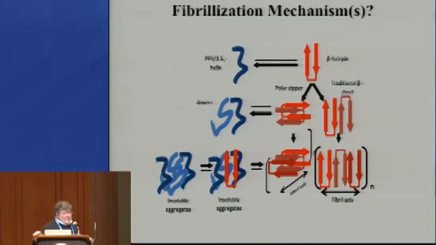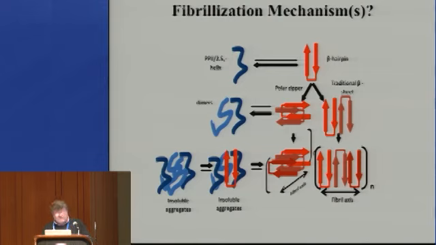Now, we're looking into one case, which is polyglutamine fibrillization. This is a disease that causes Huntington's. In the case of Huntington's, what you'll see is that there are two possible aggregate states that are stabilized between two types of hydrogen bonding.